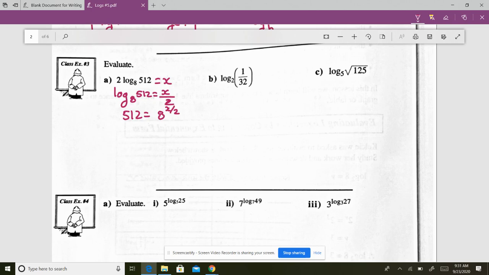So what do I try to do? Common base. Can 512 be made into base 8? So that is 8 cubed.